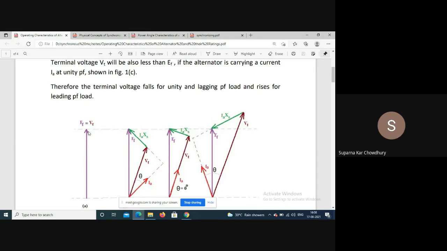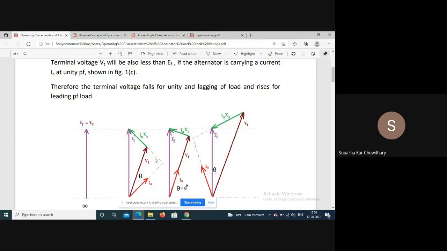If we keep the excitation constant at its no load value, so that IF is such that at no load rated voltage is obtained, and IF is kept constant, then what will happen to the terminal voltage as we load the machine? In case of an alternator, the nature of the terminal voltage change, due to armature reaction, depends on the power factor of the load.